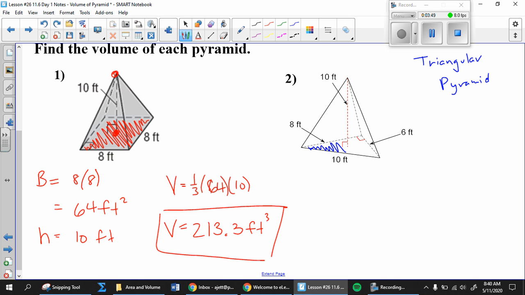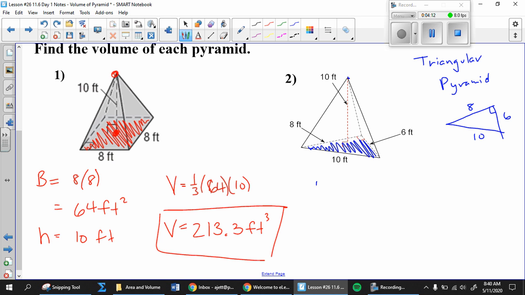We're going to choose this as our base right here because that's where they give us the height. They give us this height of 10 already from the base up to the point. So we're going to call this our base down here. Our base here is this triangle where we know this is 8, this is 6, and this is 10.